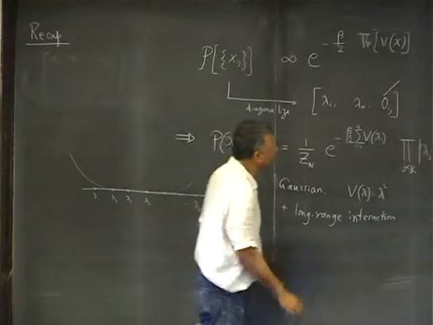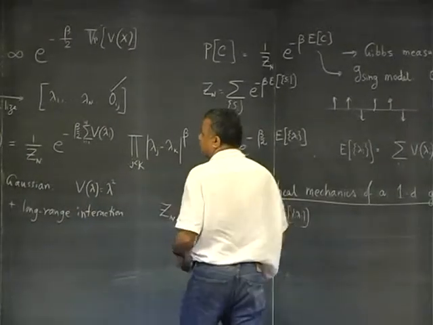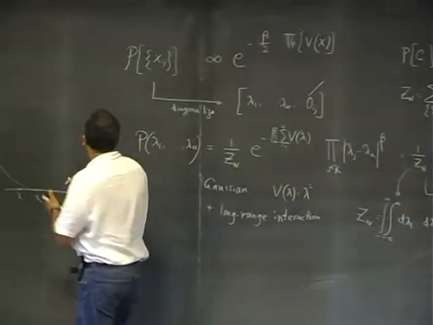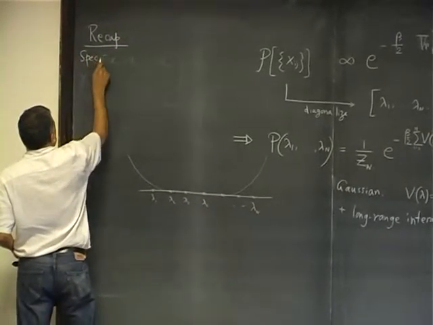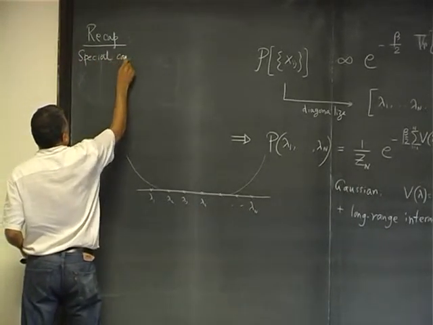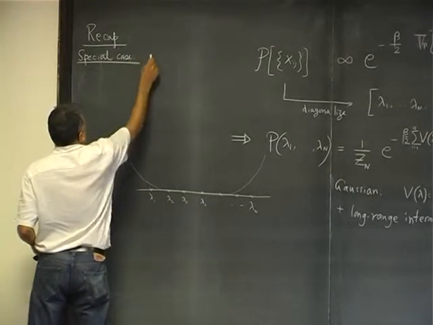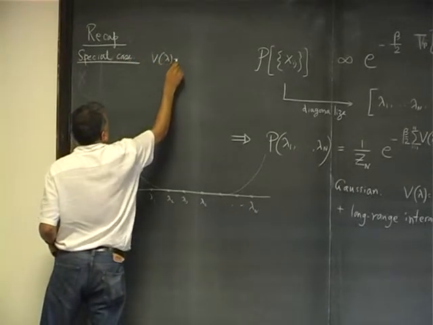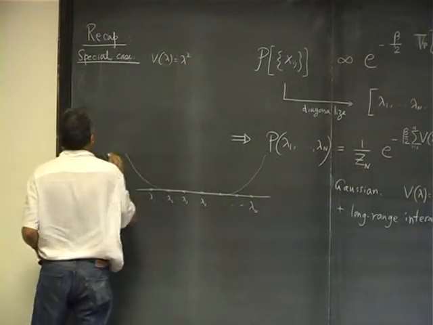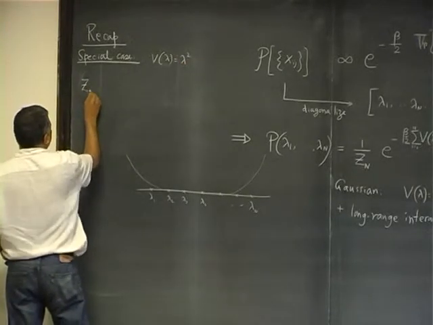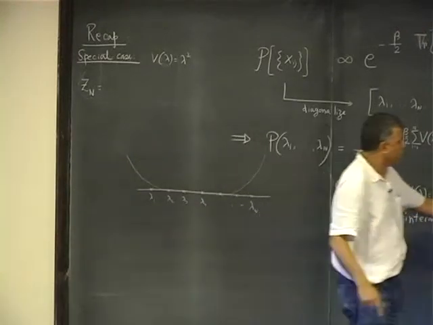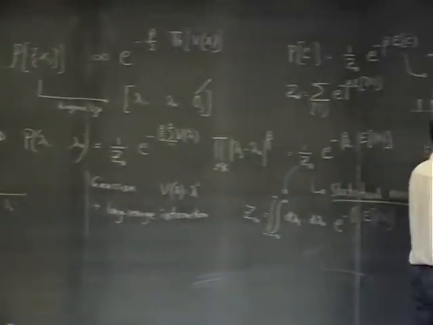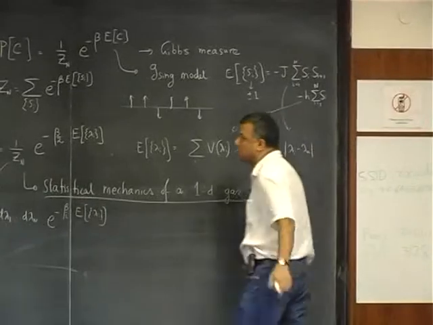I'll just write it down here. Okay, so special case. So this multiple integral Zn, which is what I wrote down there, with V of lambda equal to lambda square, and then you have this interacting term.